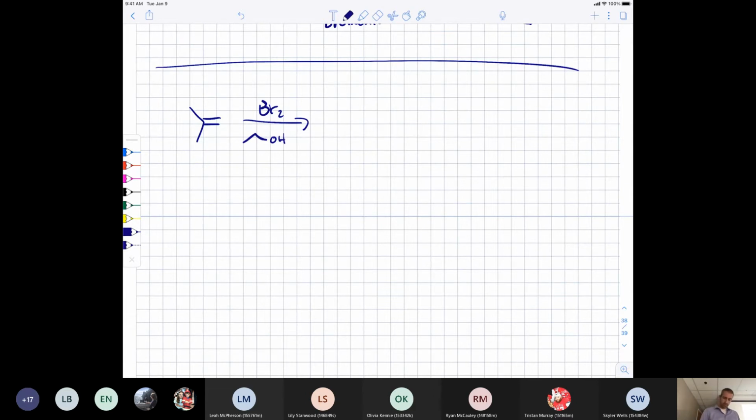Well, first thing that would happen, let's put all our lone pairs in on bromine. First thing that would happen is that would attack the Br. Those would attack there, and those would go there.